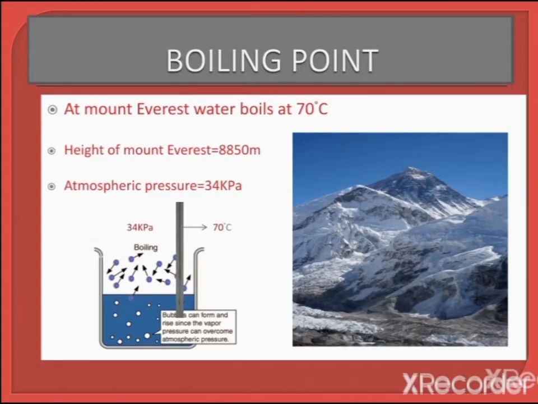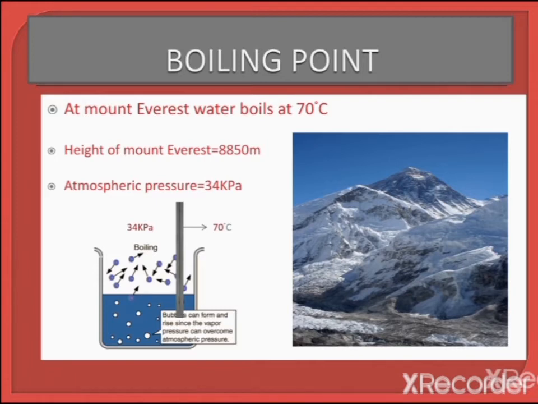Now at Mount Everest, water boils at 70 degrees centigrade. This is because at Mount Everest, which is about 8,850 meters above the sea level, atmospheric pressure is only 34 kilopascal.